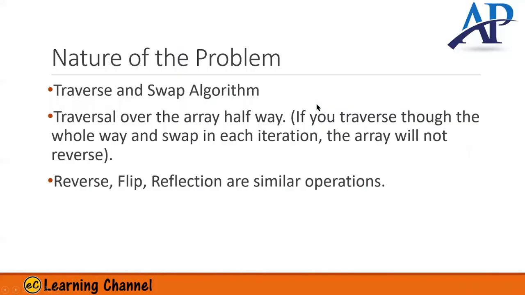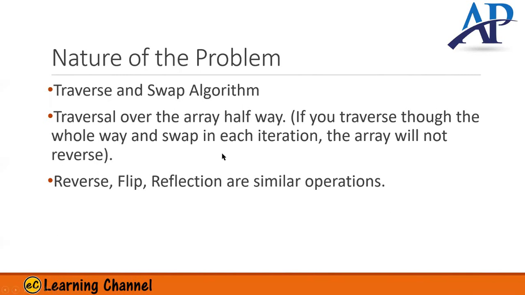Okay, now let's get started on this problem. It's a traverse and swap algorithm, but you just traverse through the array halfway. If it is an odd number, you don't even need to swap the midpoint. So it is just a traverse from i equals 0 up to less than length divided by 2.